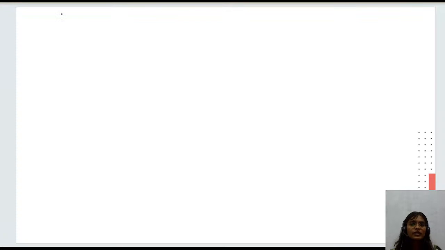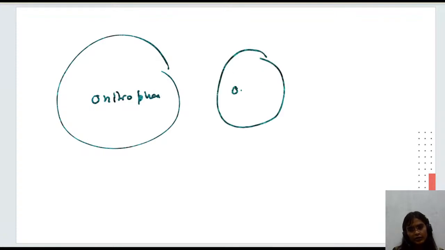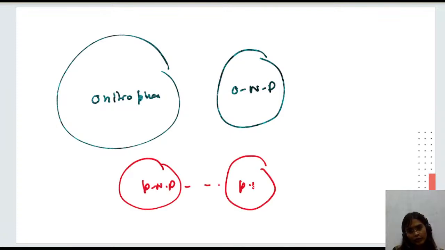So try to understand again. Look, this is my ortho-nitrophenol, and on the other hand this is para-nitrophenol. These are two molecules of the same ortho nitrophenol. In the ortho case there is no hydrogen bonding between molecule one and molecule two, so what are we going to break?